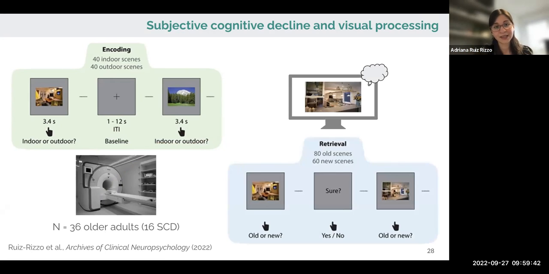Then after this scanning session, there was the retrieval phase, in which they were shown the scenes they saw in the scanner previously, but also there were other new scenes intermixed, and they had to say whether the scene they were presented with was old or new, and whether they were sure about that response.